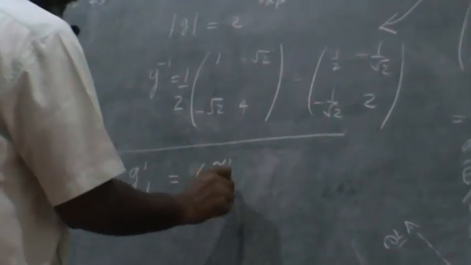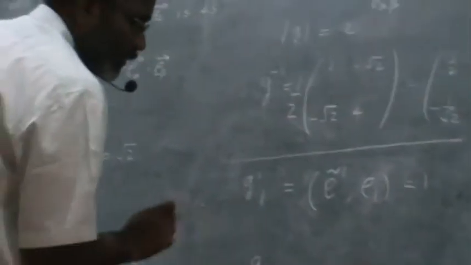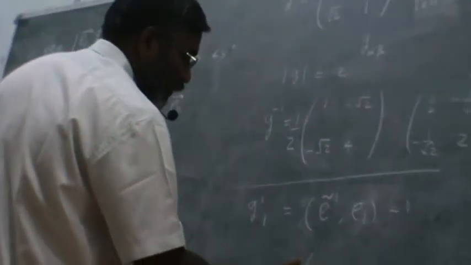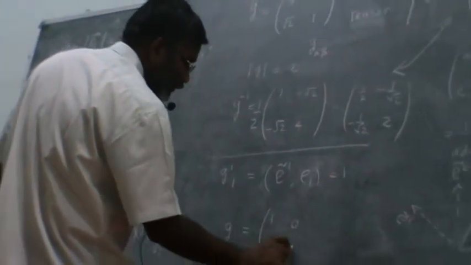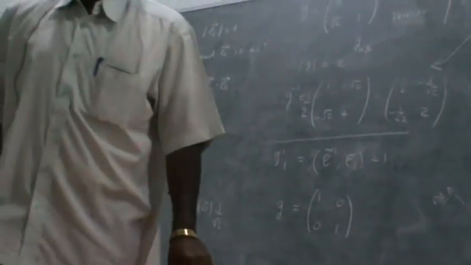E tilde 1 dot E1, by definition, is 1, because we define those basis vectors like that. And similarly, it is easy now to write this G in the mixed form. This is always 1, 0, 0, 1. The mixed metric tensor is always 1, 0, 0, 1.